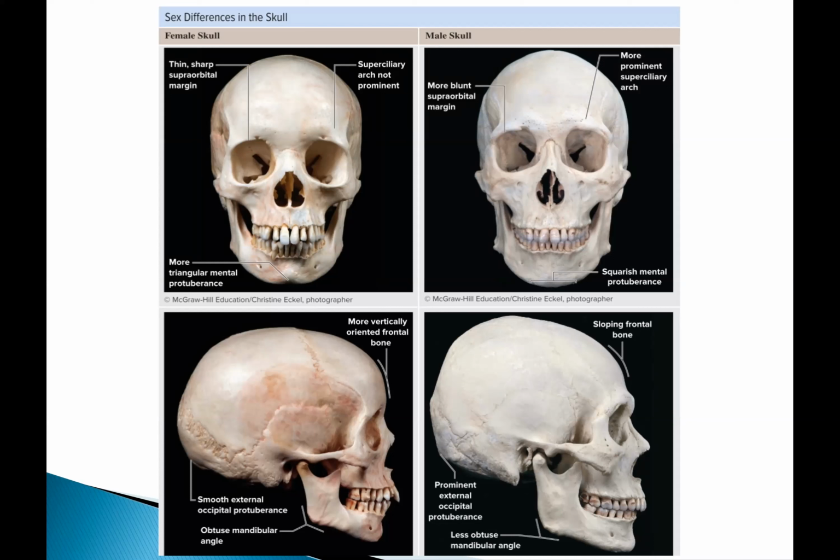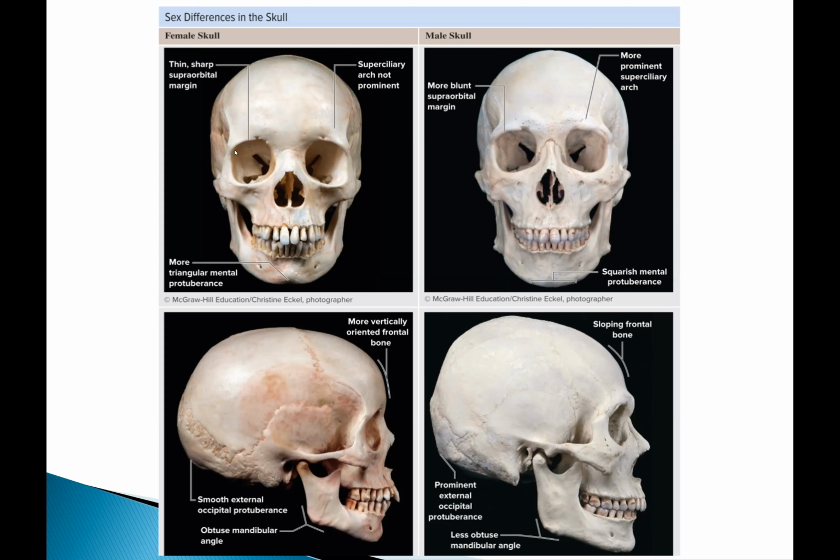Of course, a lot of your genes are what dictate the morphology of your bones, as well as the hormones that are produced. But in general, what we have seen is that female skulls tend to be a little bit smaller.